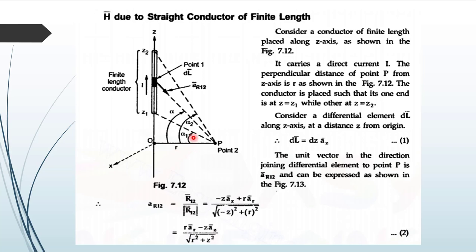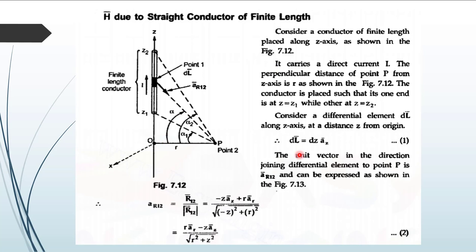So alpha 1 is the angle made by r with respect to Z1, and alpha 2 is the angle made with respect to Z2 and r. And if I join the center of the filament to point P, then that angle will be equal to alpha.